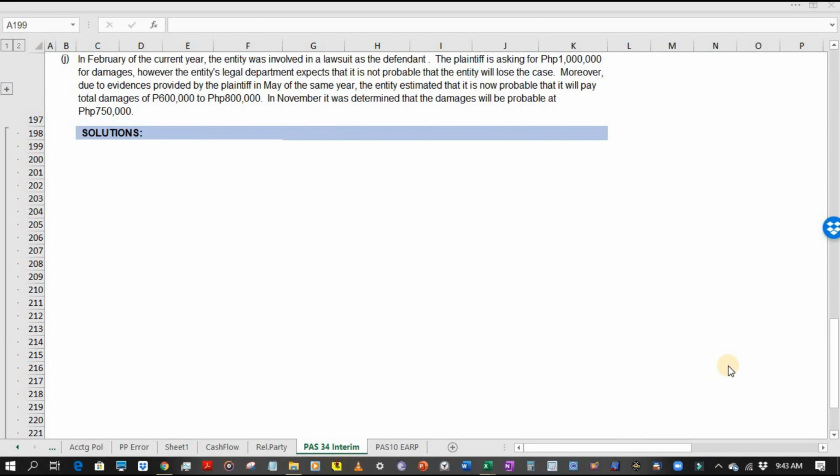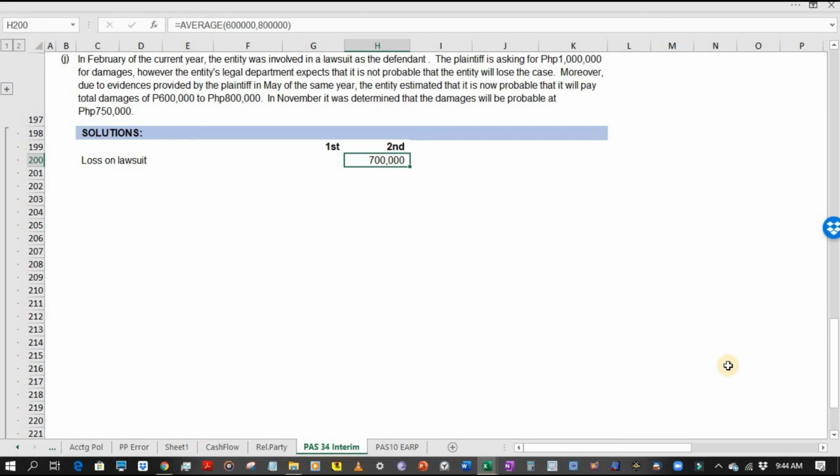So in May, which is already in the second quarter, we are going to recognize an expense related to the lawsuit because again, the estimate has been changed in May because it is now probable and there is a best estimate that we can compute. So let us now start with the second quarter. And again, the loss on lawsuit that will be recognized is 700,000 pesos, which is the midpoint of 600 and 800.